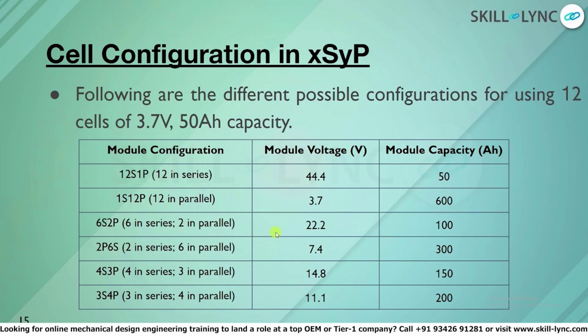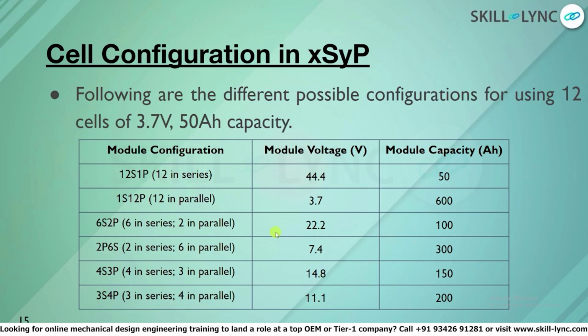That's how you can try different combinations in the same cell module. Unless the modules have the same voltage, you cannot connect them, because high voltage and low voltage will always have a potential difference, and current would always flow from higher voltage to lower voltage.